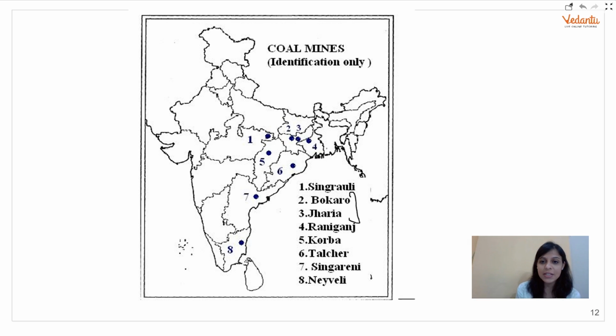Let me write down which states we have. Singrauli is in Madhya Pradesh. Bokaro and Jharia, these two are together in Jharkhand. Raniganj is in West Bengal. Korba is in Chhattisgarh. Then you have Talcher. Talcher is in Odisha.